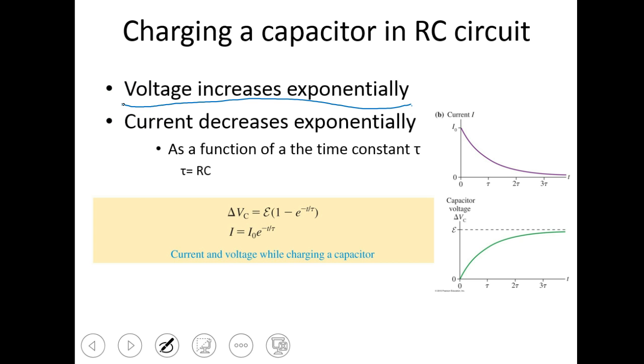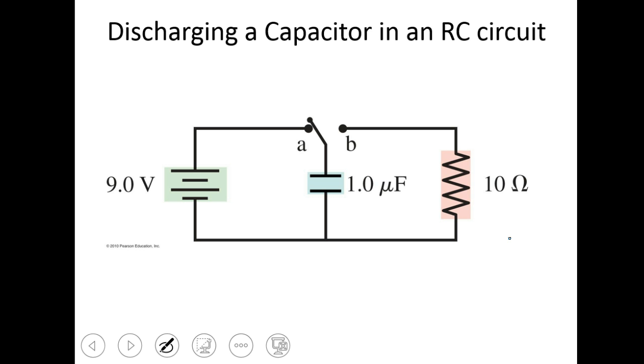And so it charges up very, very quickly, and then it reaches its threshold or the EMF of that battery, at which point it charges a little bit slower, and then the current decreases exponentially. And so as a function of the time constant, voltage goes up very, very quickly, while current decreases very, very quickly. Right?